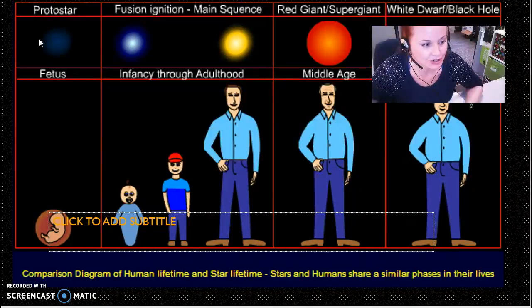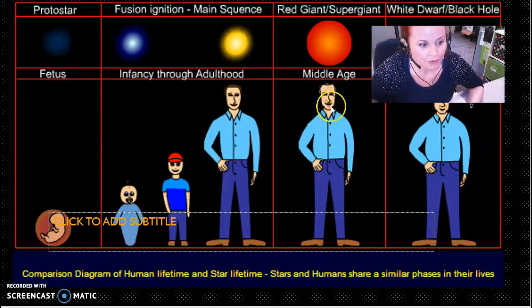And as the star heats up, nuclear fusion occurs. We call this basically the infancy through adulthood of that star. That's what's called the main sequence. So basically it's before the star begins to go through the dying process.